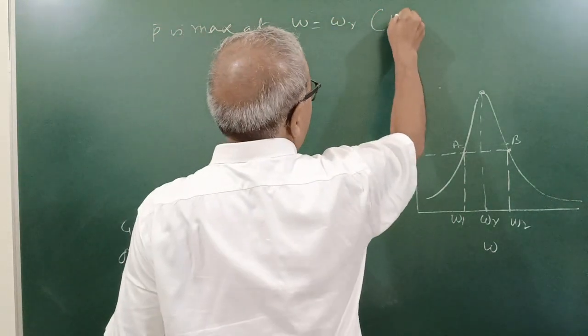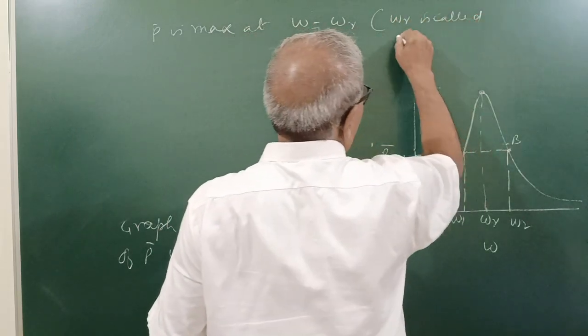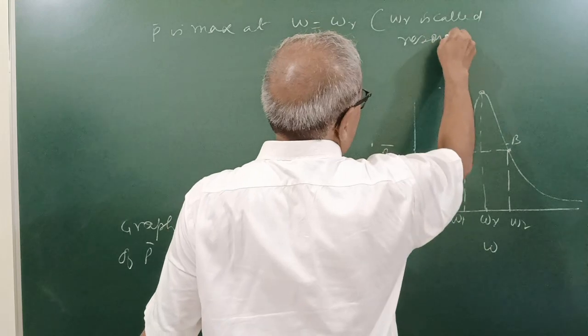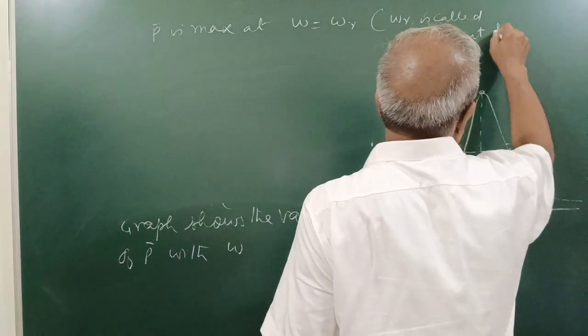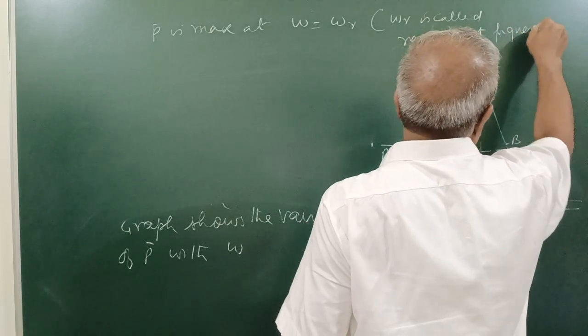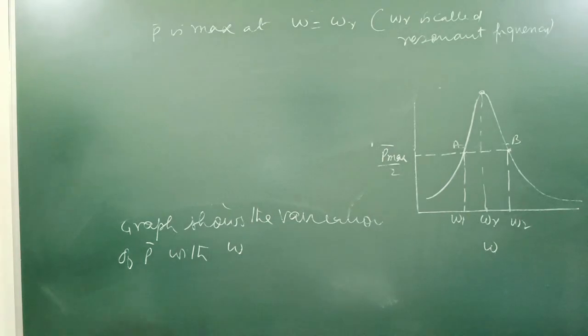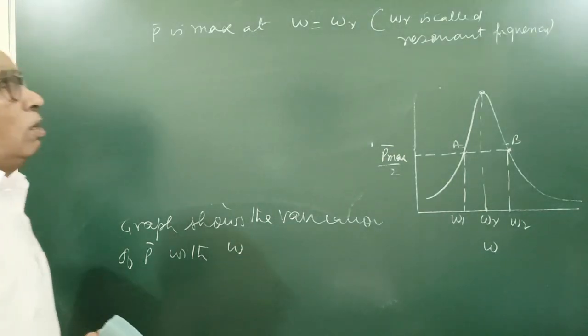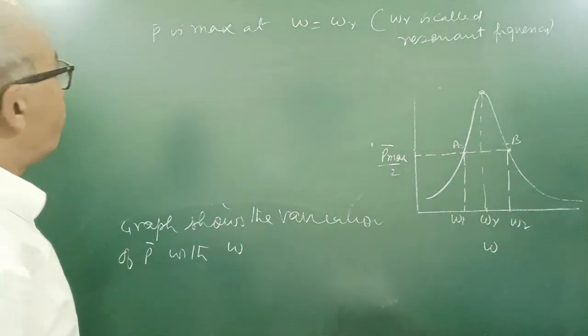Here omega r is called the resonant frequency, and you know at resonant frequency the impedance is minimum, equal to R, the current is maximum, the power factor is 1, and the phase difference between current and voltage is 0.